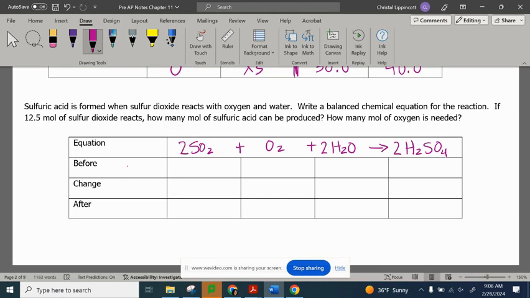Now I got to balance my oxygens. Over here I've got 8, 2, 4, 6, 8. Yep, I got to balance now. All right, so start with my balanced equation. You guys see if you can figure out how many moles of SO2 or sulfuric acid are formed and how many moles of oxygen are needed. Go. Work with the person next to you if you need to.